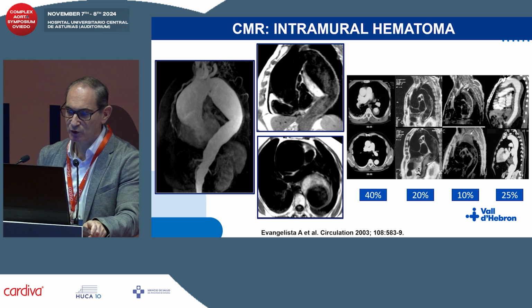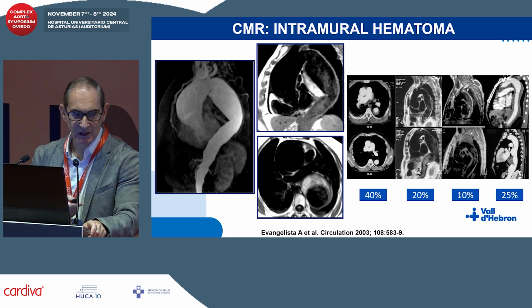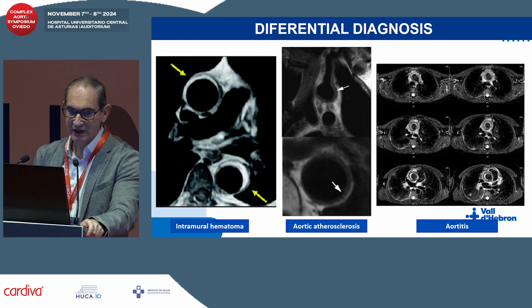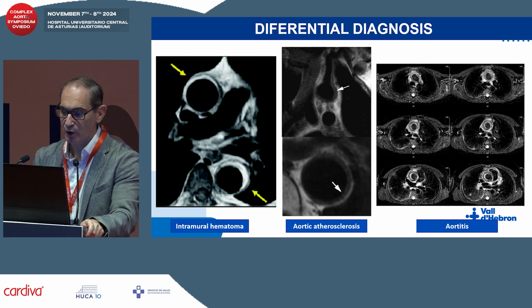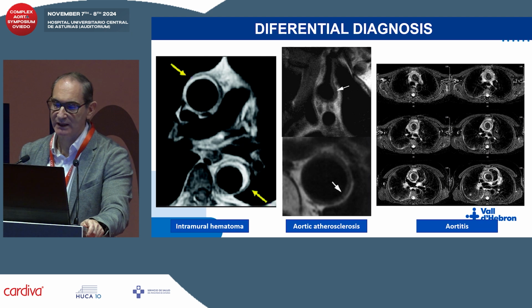For example, you can see here a patient with an intramural hematoma, and you can see the hyper-enhanced image in T2 weighted images that is associated with an intramural hematoma in the acute setting. And here we have a patient with 3 different pathologies, and because of the characteristics of the CMR, we can differentiate between an intramural hematoma, a patient with aortic atherosclerosis, or a patient with an aortitis.